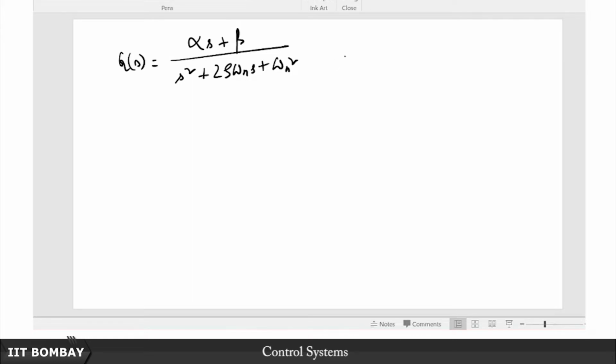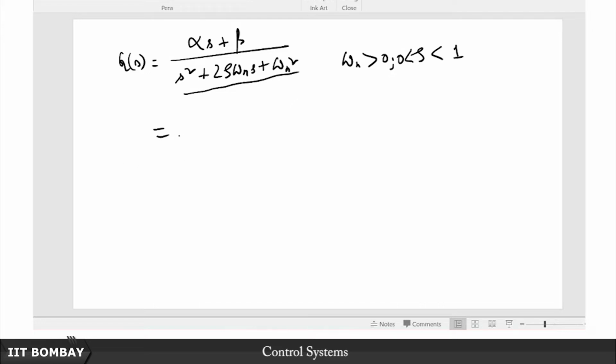Even if the denominator is not a monic polynomial, I can absorb that in alpha. So I generally get this monic polynomial, with omega n greater than 0 and zeta between 0 and 1. We have seen this countless number of times when studying topics related to classical control, particularly transient responses. So obviously the poles of this G(s) are complex, a pair of complex conjugates of one another. Now how do you realize this sort of a system?